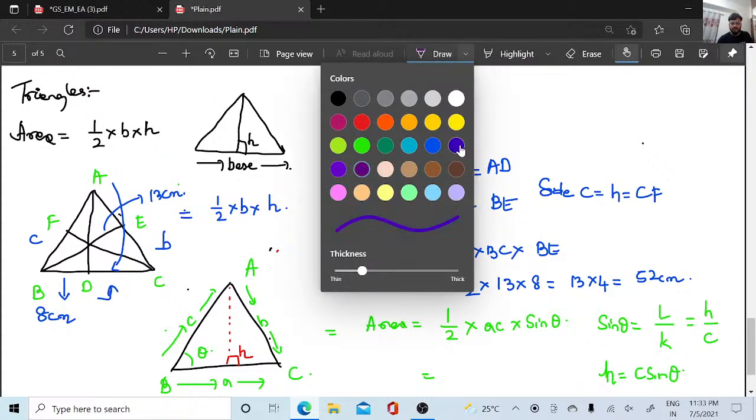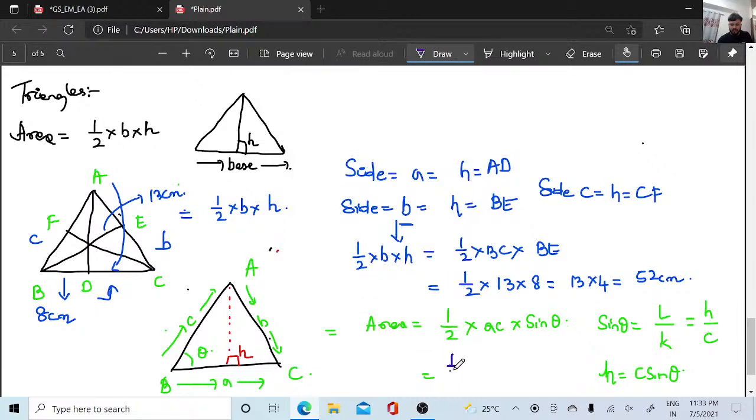So let me just take the blue pen. Okay, yes. So half into base into height, right? My base is A, and my H is going to be C sin theta. So this becomes half AC sin theta.